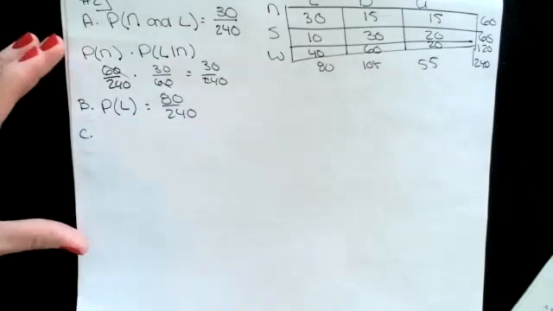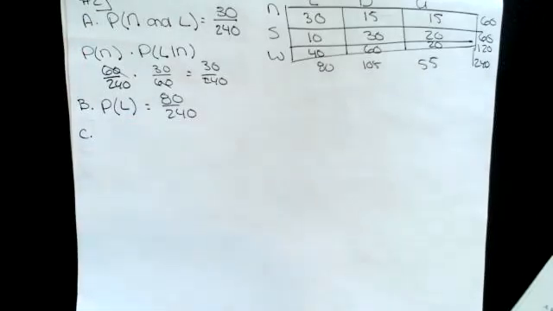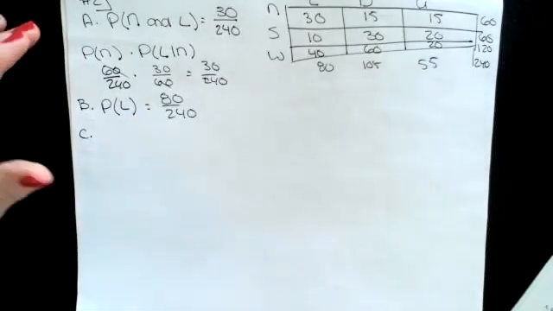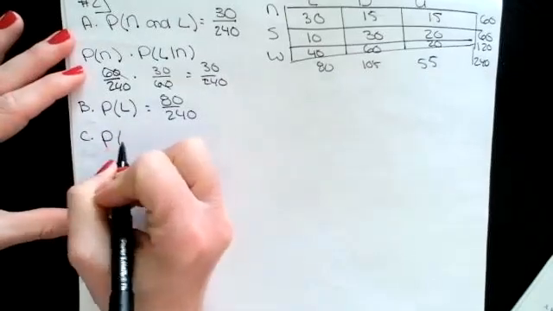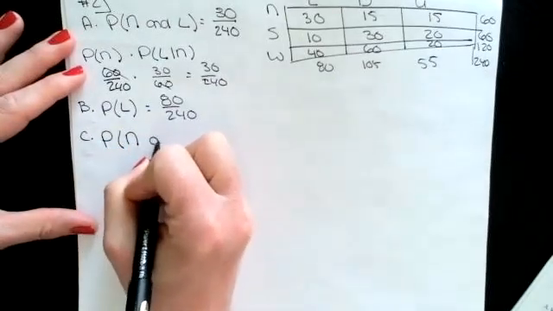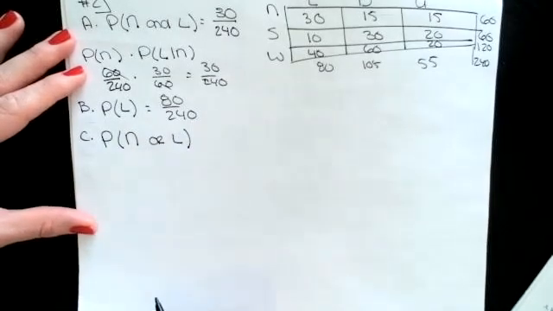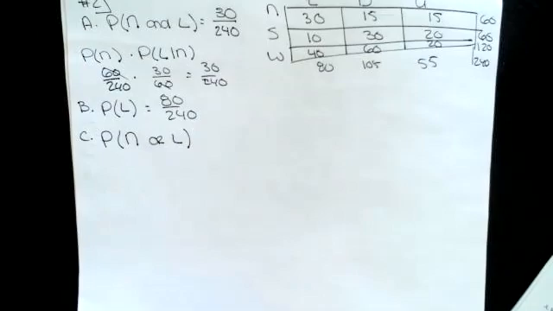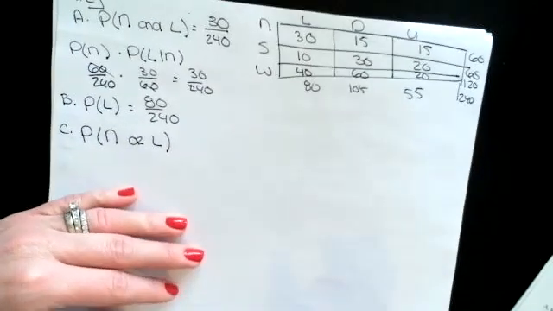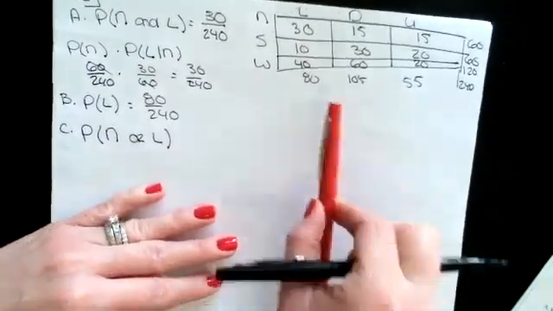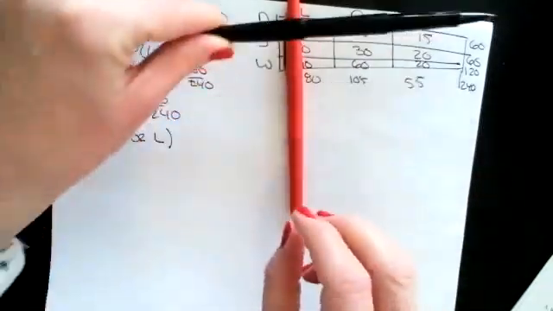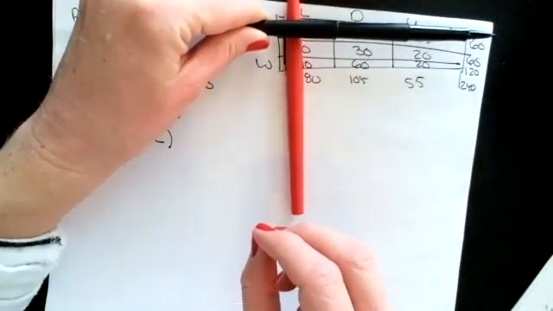Part C, what's the probability the person in the study is from the northeast or likes? So it's the probability that they're from the northeast or likes. Now remember, this is not the intersection, it's where I'm looking at both together. So likes or from the Northeast, I'm going to add all of those boxes.